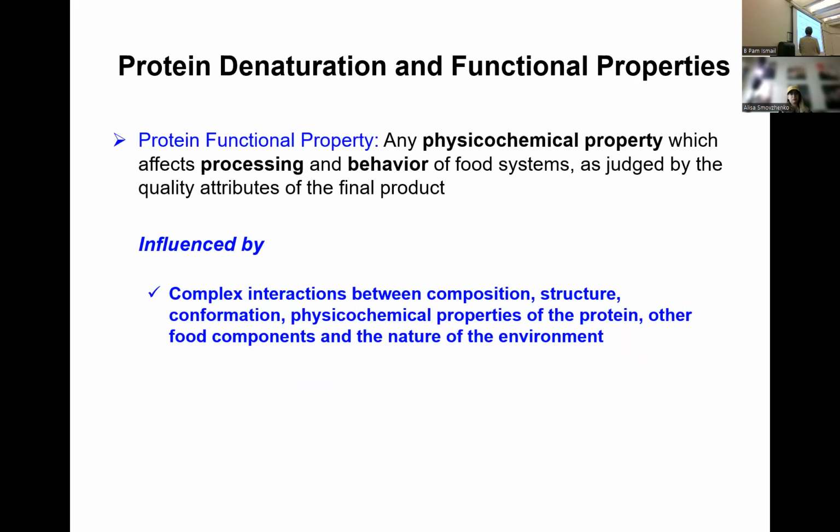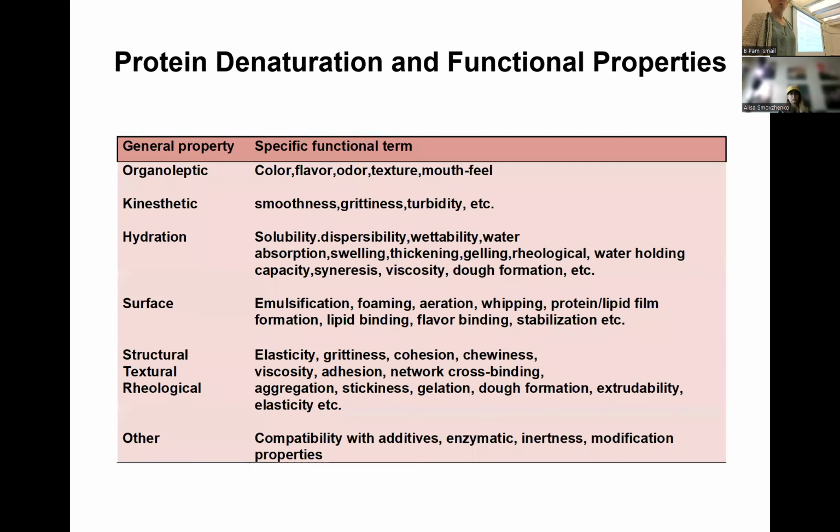It is influenced by the composition of the protein, by the structure and configuration, the physical chemical properties, including surface hydrophobicity, surface charge, sulfide group, etc. Other food components, salt, sugar, moisture, carbohydrate, and the nature of the environment, pH, ionic strength, temperature, all of that.